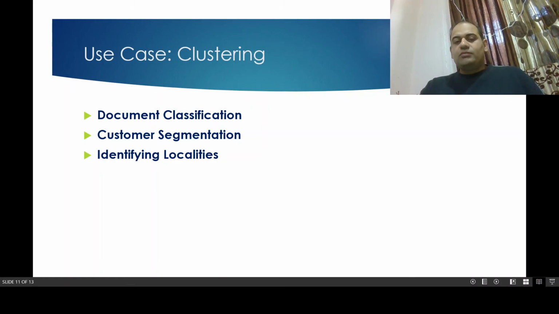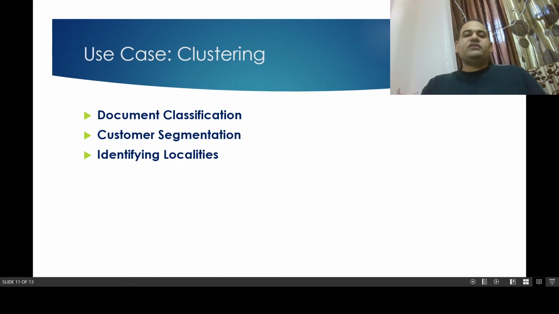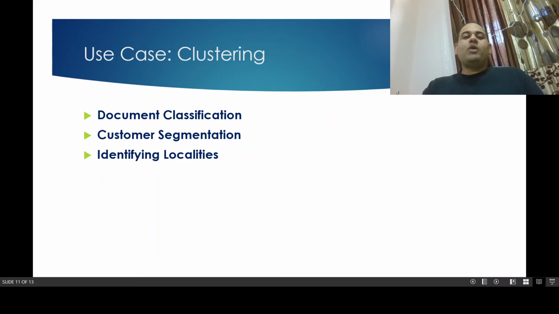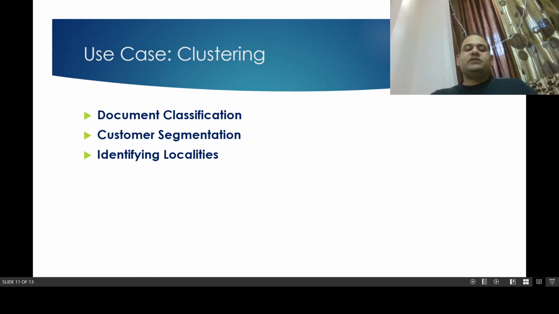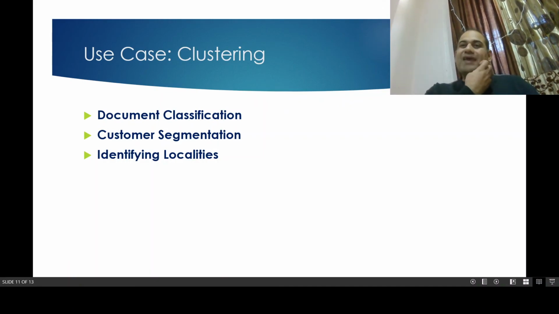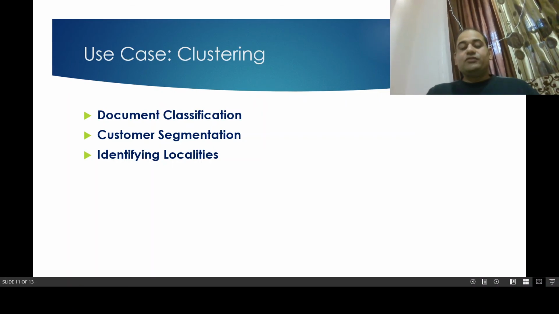There is also a common use case called customer segmentation, used very commonly by e-commerce websites to generate a natural grouping of customers having common characteristics based on purchase behavior, demographic details, and the activities they perform over the applications. And then there is another very common use case, identifying localities. This is again used by various businesses to find localities for sales and marketing of their products.